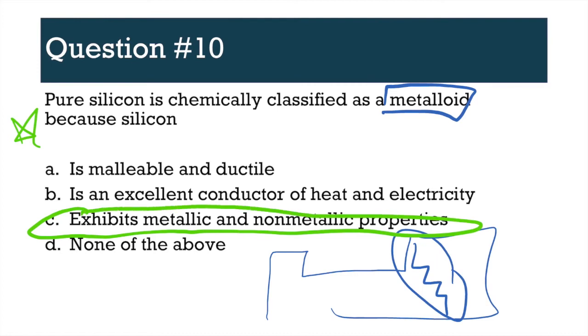Generally they look like metals or have the physical properties of metals, and most of them have the chemical properties of nonmetals, so they act like nonmetals. Look like one, act like the other. Either way, they have both metallic and nonmetallic properties. That's what makes something a metalloid, a kind of in-between object, in between the metals and the nonmetals.